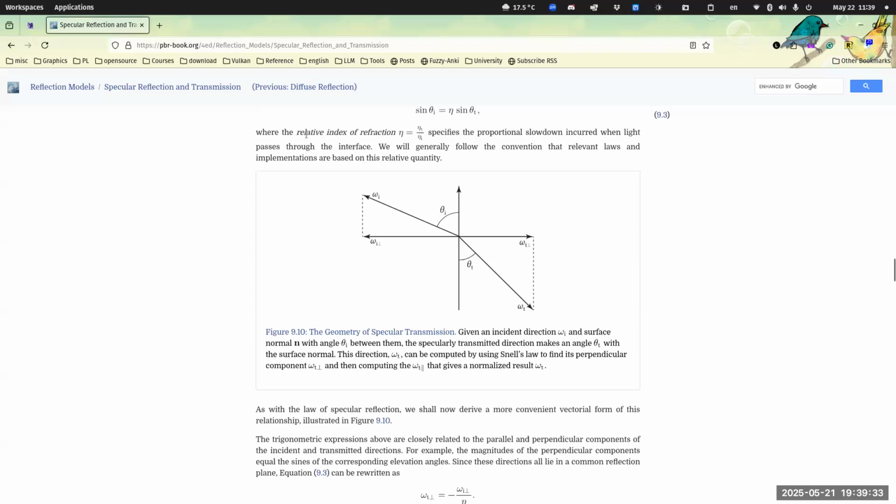The relative index of refraction specifies the proportional slowdown incurred when light passes through the interface. We will generally follow the convention that the relevant laws and implementations are based on this relative quantity.